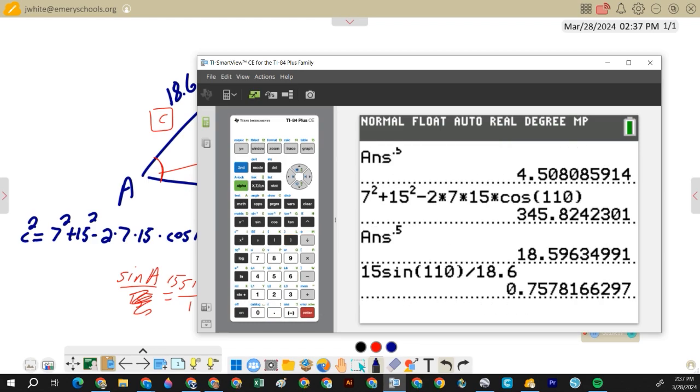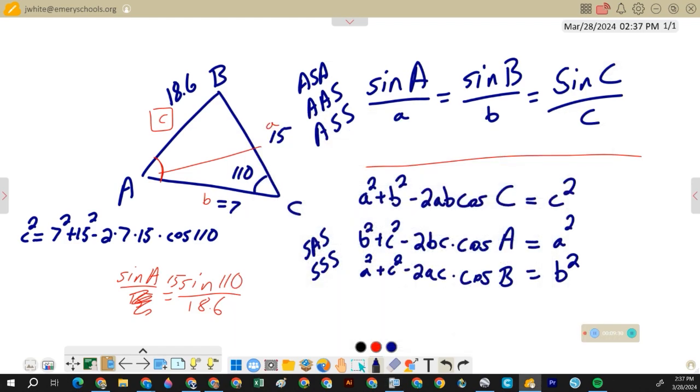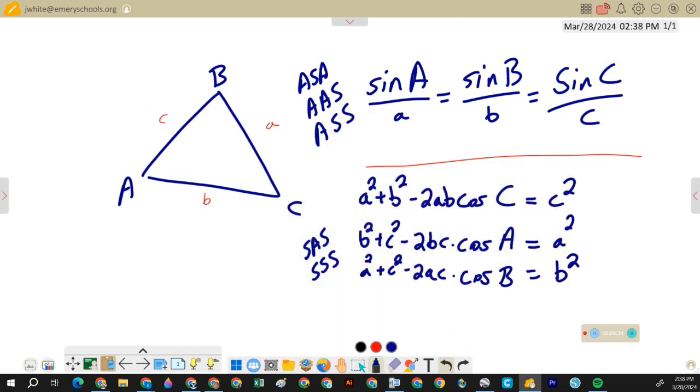And that is our ratio, so we need to invert the sine of 0.7578, and that will give us the angle of 49.3. So that's how the law of cosines works, and mostly how the law of sines works.